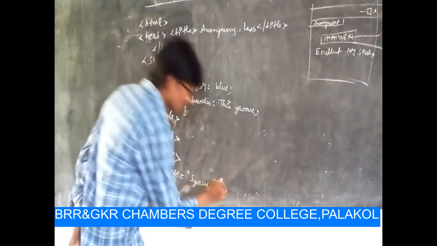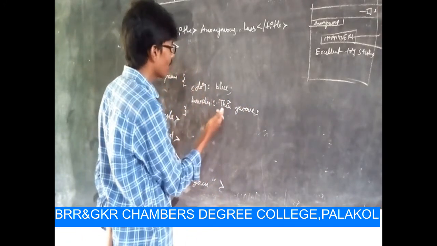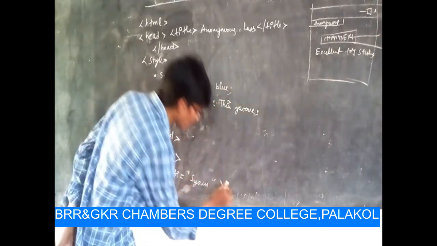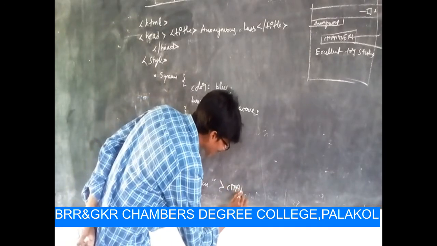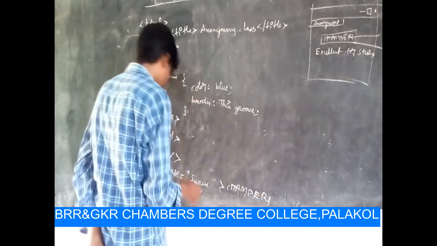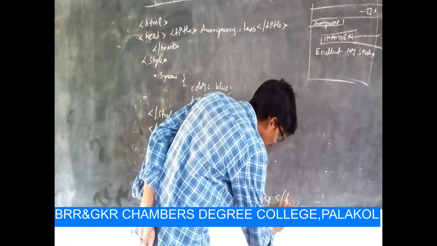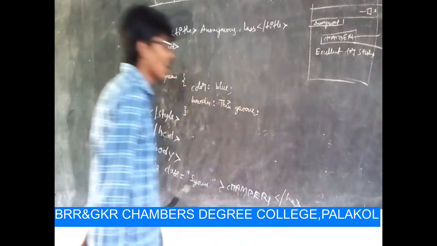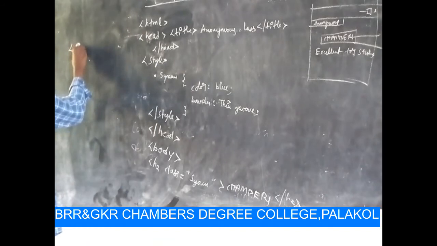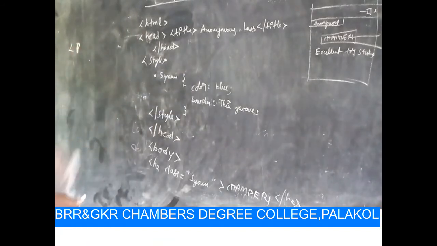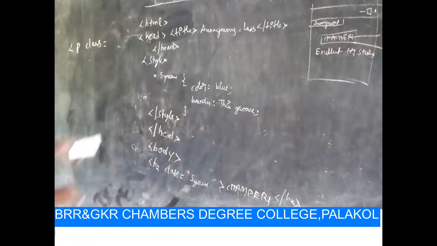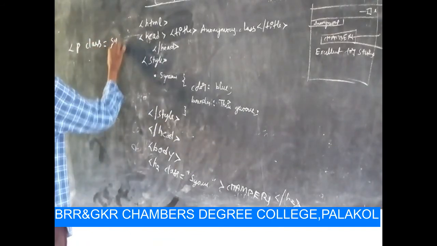After calling this, the properties and values we represented in the class are automatically applied to the current text in this document. After that, close h2. Then another line, a paragraph. If you want to represent it as a paragraph, again you call the same class name, class equal to Sam.